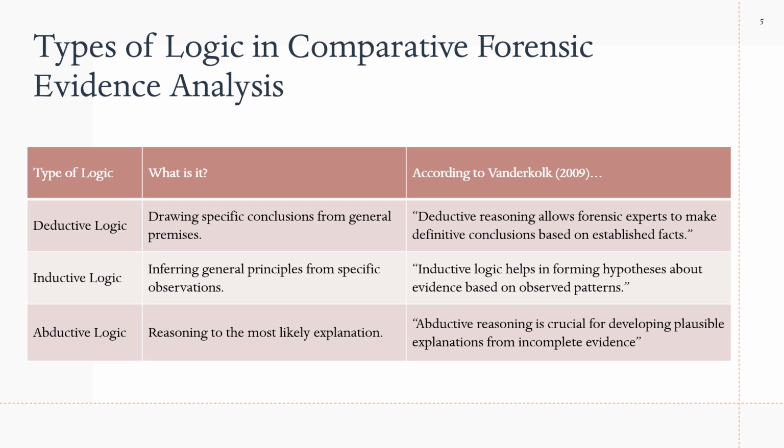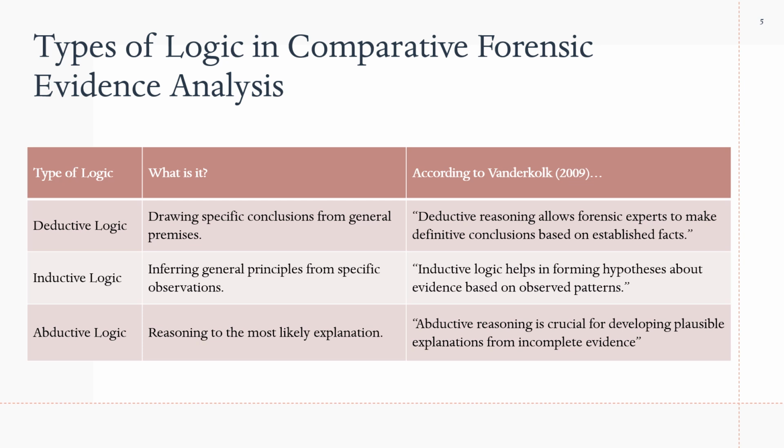So this is the fact, and you can deduce this. Your inductive is inferring general principles from specific observations. Vanderkolk mentions that inductive logic helps in forming hypotheses about evidence based on observed patterns. You can infer, you can induce, based on patterns that have been observed or specific observations.